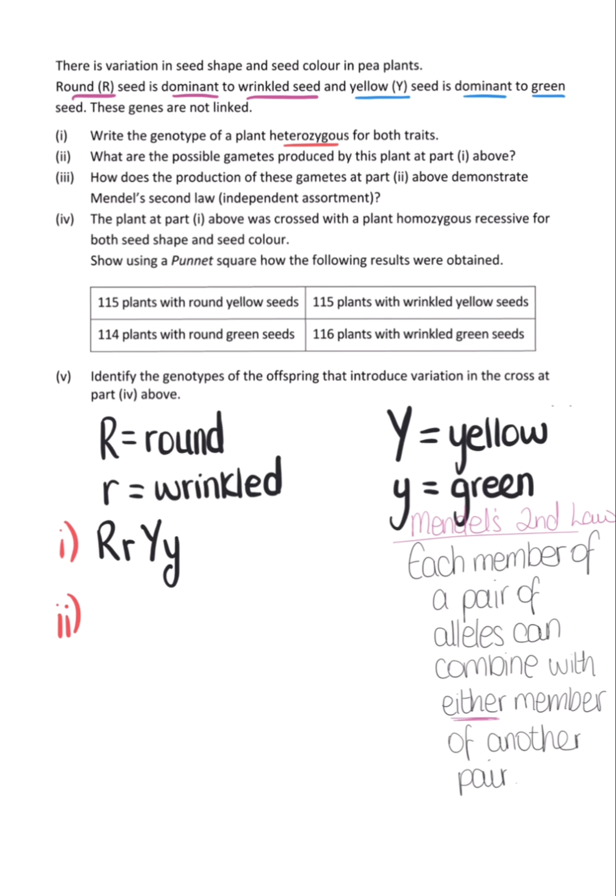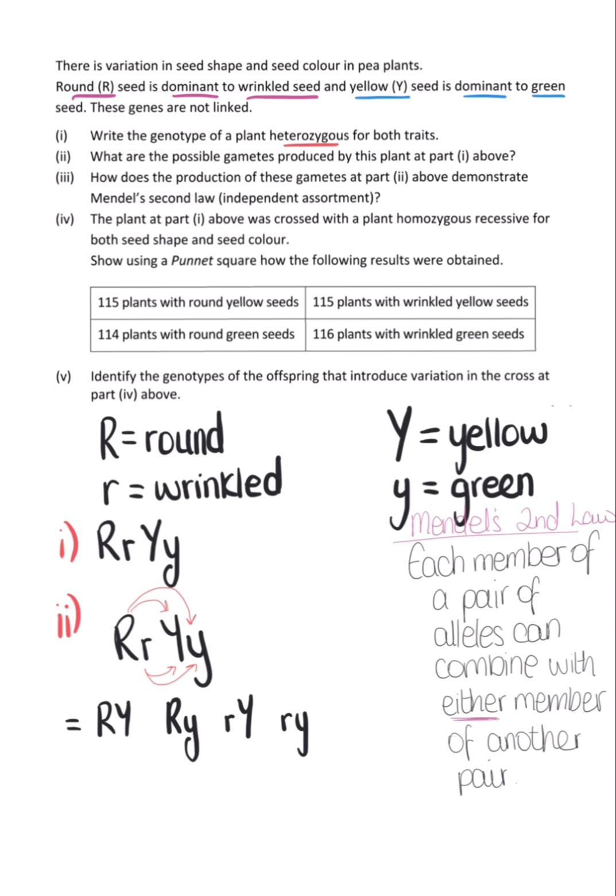So for this type of question you basically have to multiply out the different variations that the offspring can have. That means that capital O combined with capital Y, capital O can also combine with lowercase y, and small o can combine with capital Y, and small o can also combine with small y. So these are the four possible gametes that can be produced by a heterozygous plant.